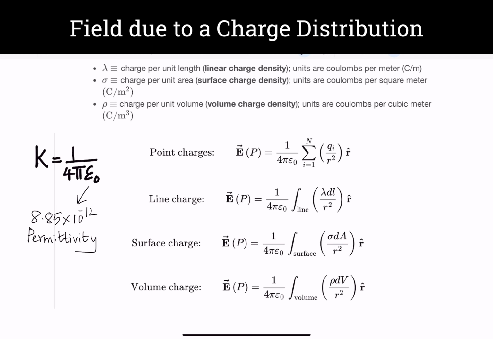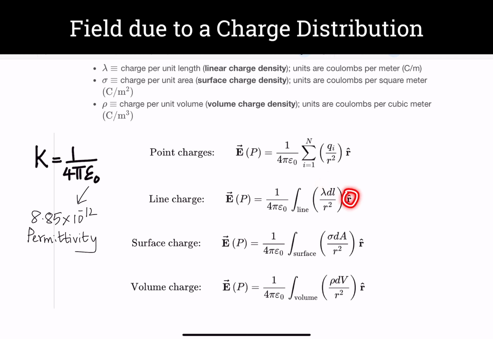Now, for a line charge, we have to use the calculus method and you will get 1 by 4 pi epsilon naught line integral of lambda dl by R squared. But if it's a surface charge, then sigma dA. You see the correlation there?